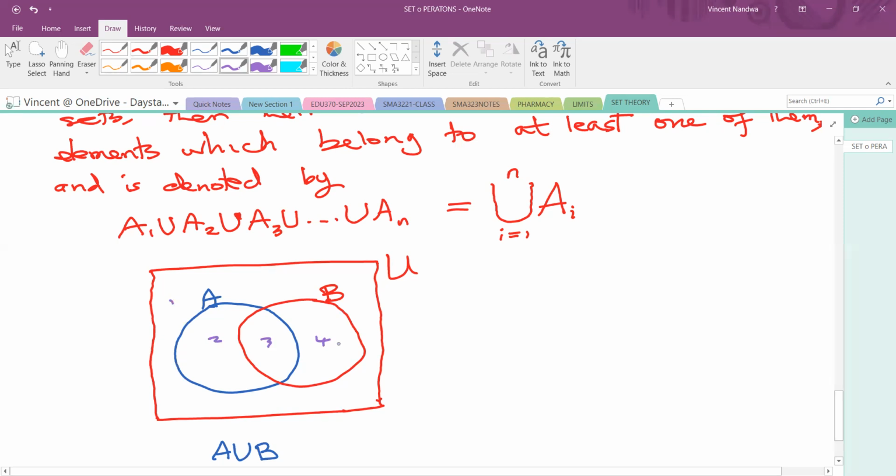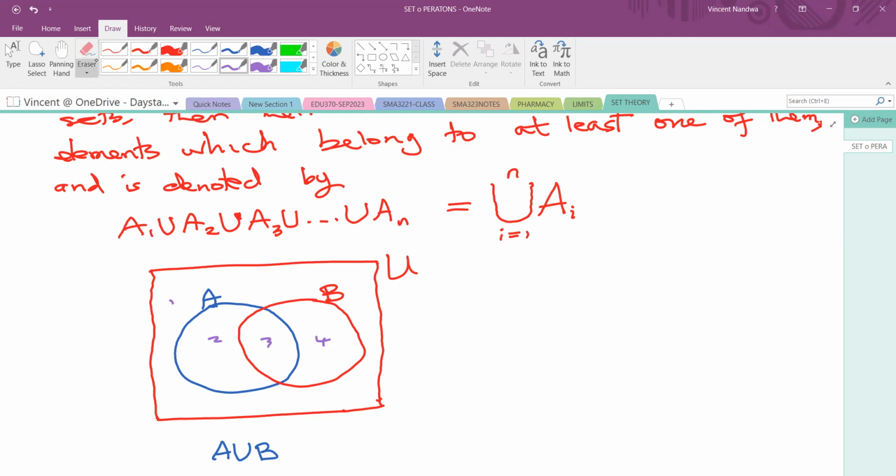then by definition of A union B means you are either in A, and A is given by the blue circle. So it means that you are either in 2 or 3, or you are in B. So if you are in B means that you are in the red circle, and that is represented by 3 and 4, or even both the sets, which is part 3.